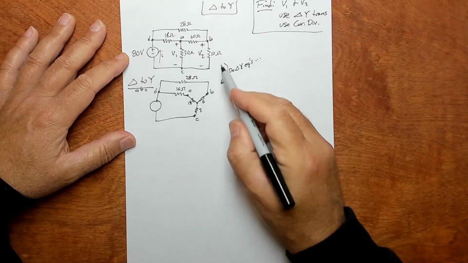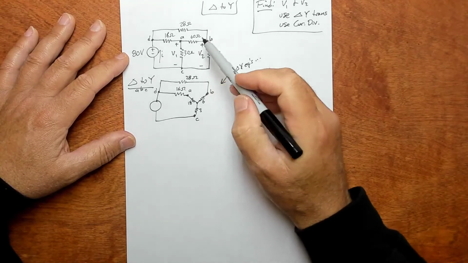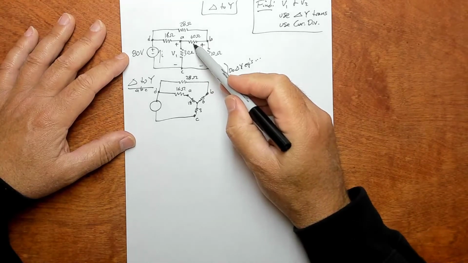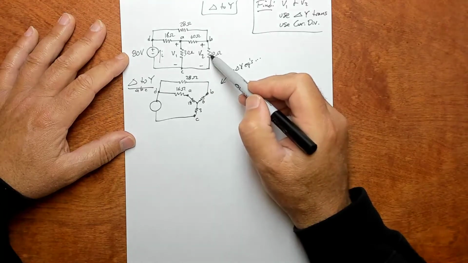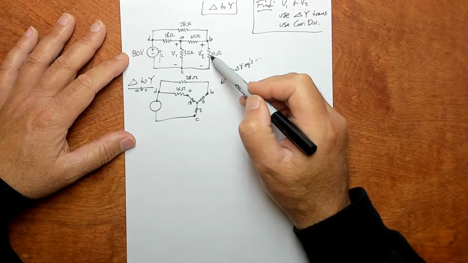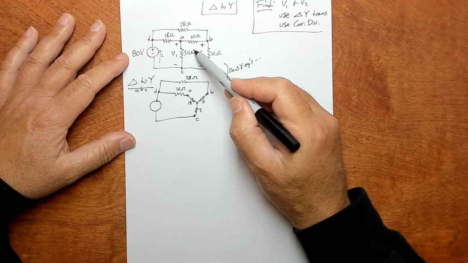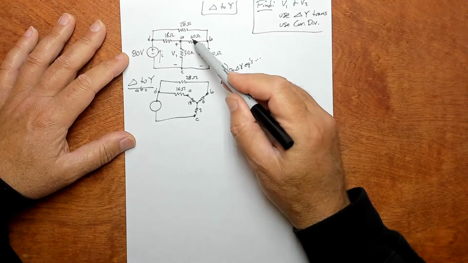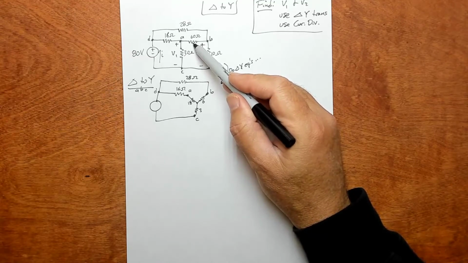Okay, and I don't want to take the time to do that, but this is going to be R sub 1, this is going to be R sub 2, this is going to be R sub 3 because it's opposite C. Actually, I said that wrong.